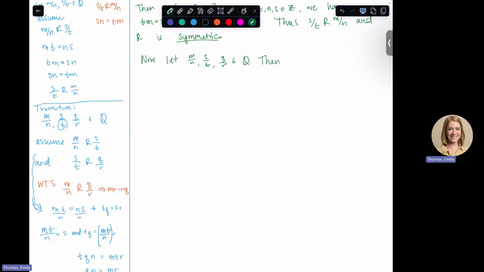All right, now let M over N, S over T, Q over R be in big Q. Then M, S, Q are integers, and N, T, R are integers that are not zero. There's the toss thing you were talking about earlier, Michael.